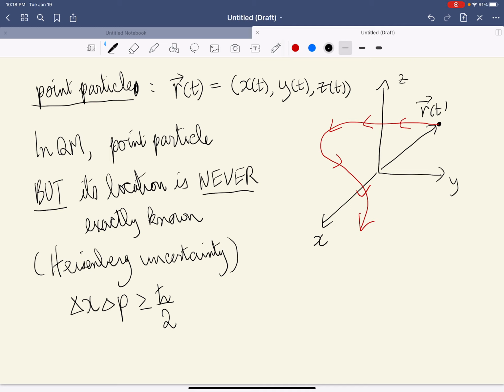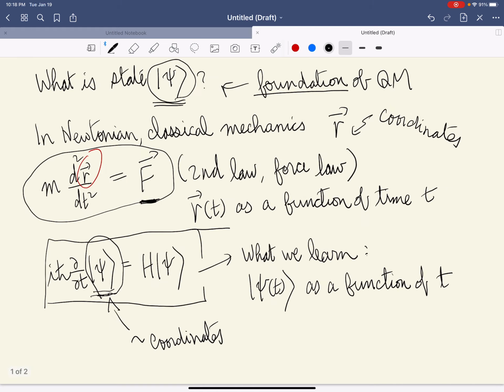The reason I'm talking about it now is because I assume that many of you have come to this class having heard about the Heisenberg uncertainty relation, but without knowing too much about the Schrodinger equation or the notion of the state itself.